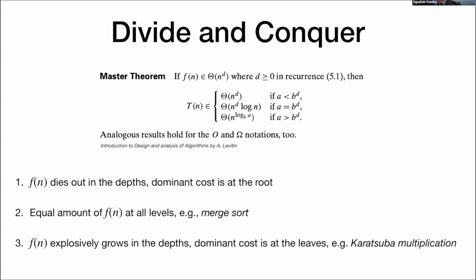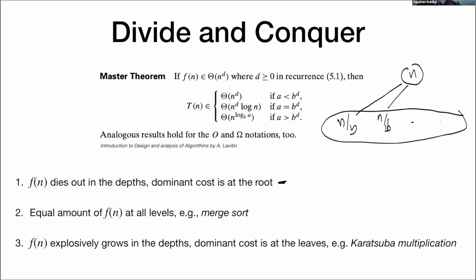But let's try to understand what it means intuitively. Let's start with the first one. I start with a problem and I split it into some subproblems, right? And this will go on.